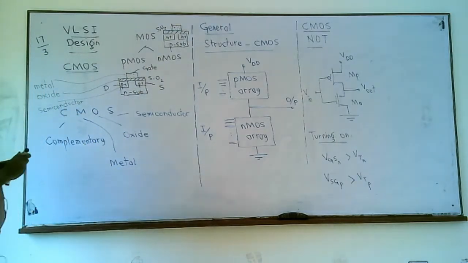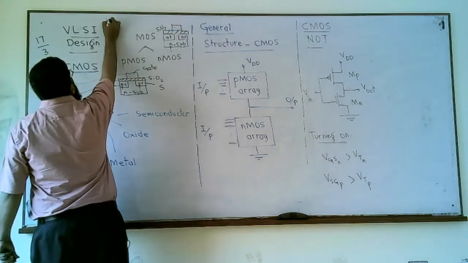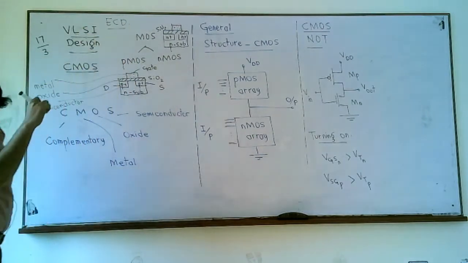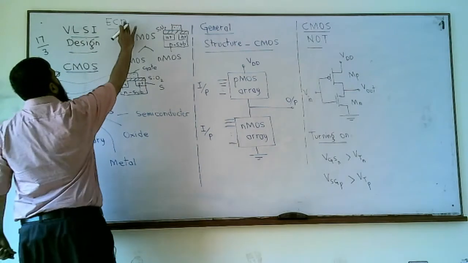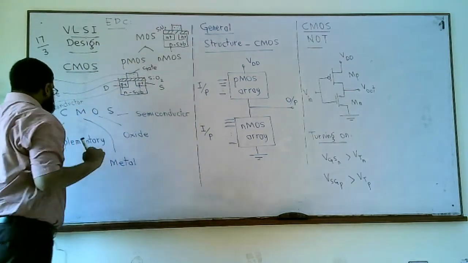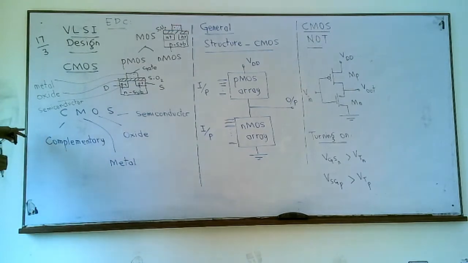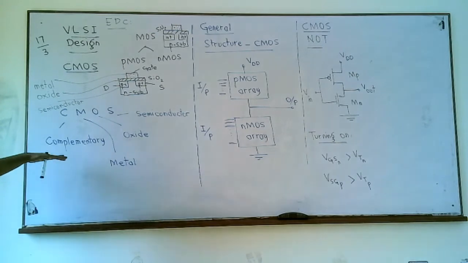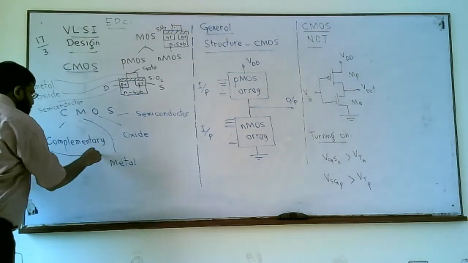And this is what we studied in one of our earlier courses, the electronic devices and circuits course. Right. So today we are going to define a logic family that is based on MOS, and that we call CMOS, complementary metal oxide semiconductor. Why complementary?